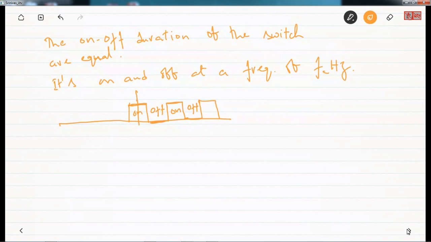And this is 1 over fc. So what is this? 1 over 4fc. And this is minus 1 over 4fc. So the switch is getting on and off at the frequency of fc, and the switch is on for 1 by 2fc and off for 1 by 2fc.